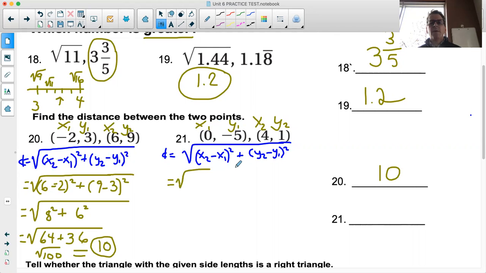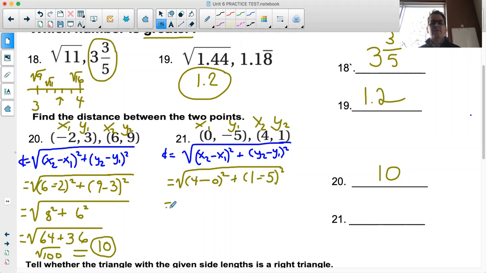Okay, so x of 2 is 4, subtract x of 1, which is 0, and then I'm going to go ahead and square that. y2, which is 1, minus y1, which is -5, and then I'm going to go ahead and square that.